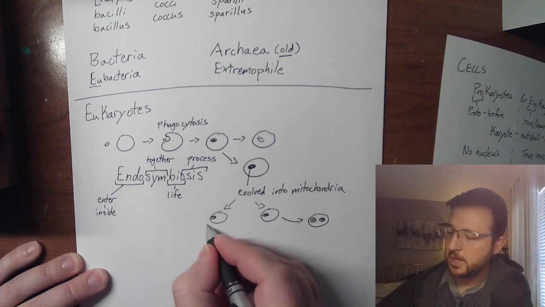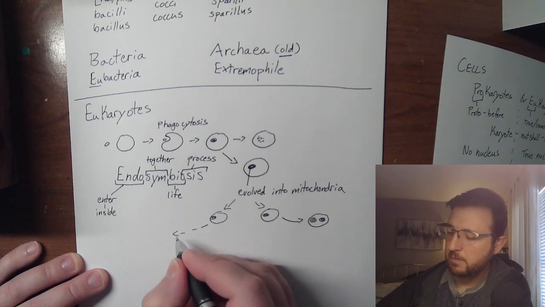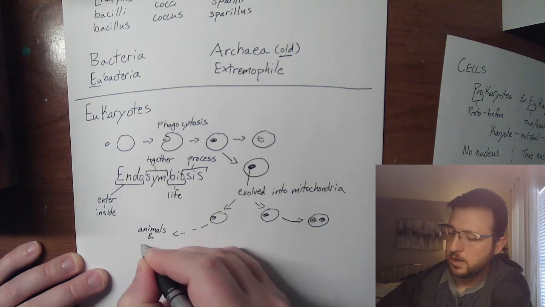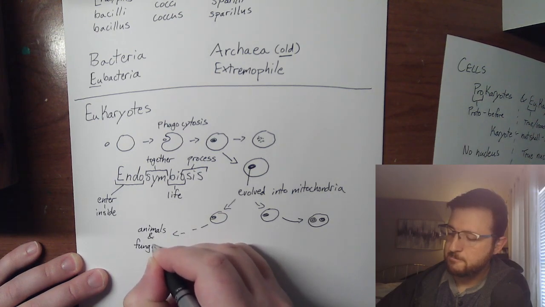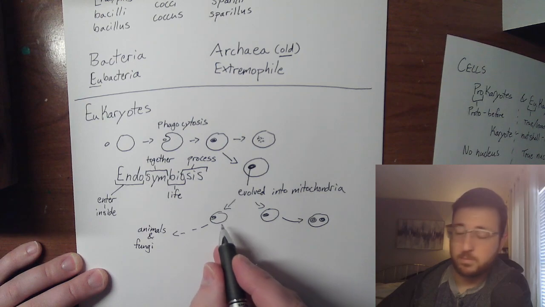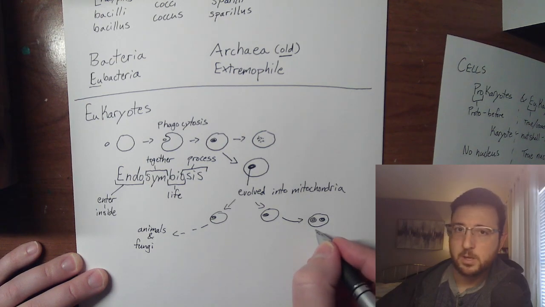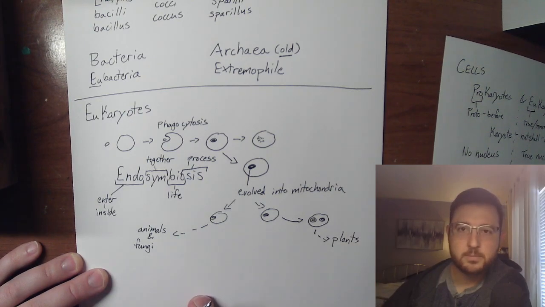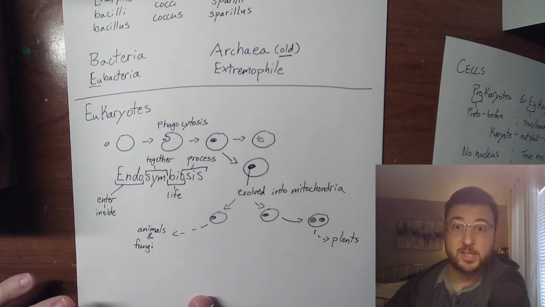And we think this line eventually became animals and fungi. That's where we came from. And we think this line eventually became plants. It's a pretty crazy and bold claim.